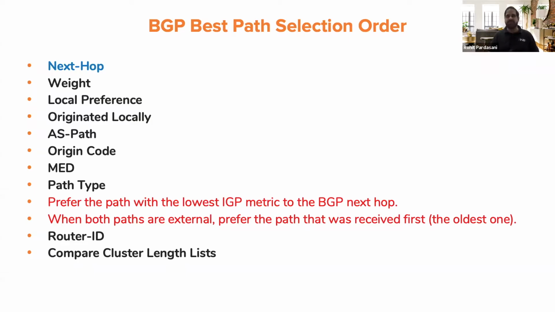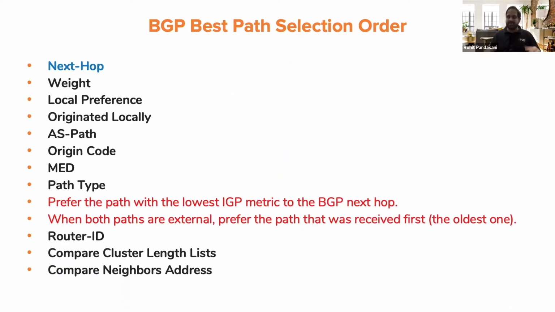Let's say I was receiving a route from a route reflector which has passed through maybe 3 route reflectors, and I received the same route from another route reflector which has passed through maybe 2 route reflectors. In that case, the one with the shorter cluster list would be preferred. If that is the same, then the last one is to compare the neighbor's address. Again, the lower one is better.